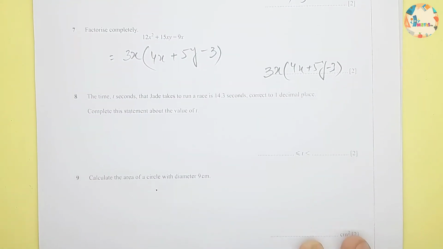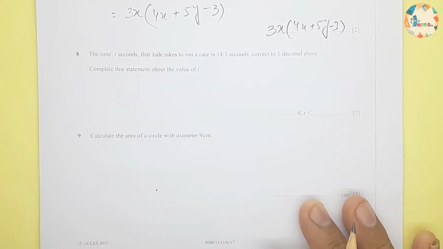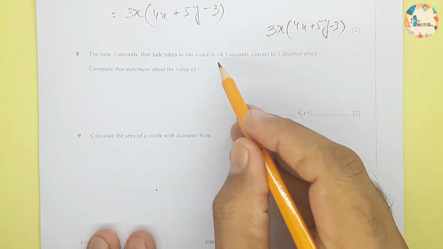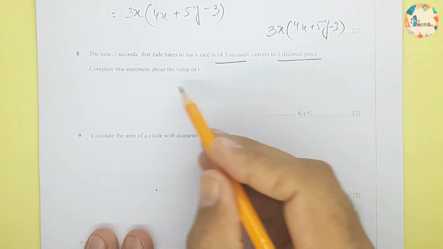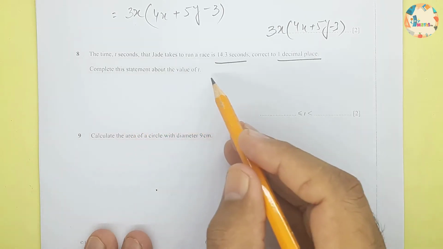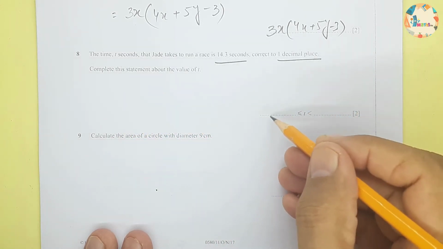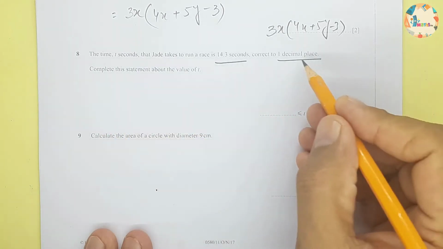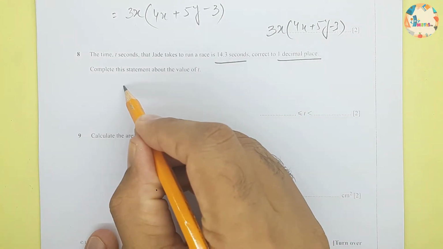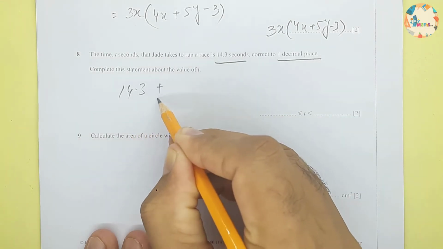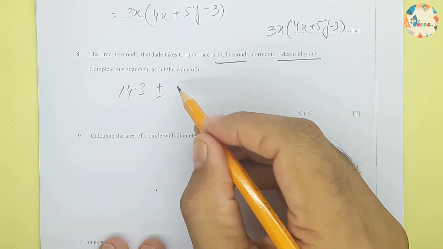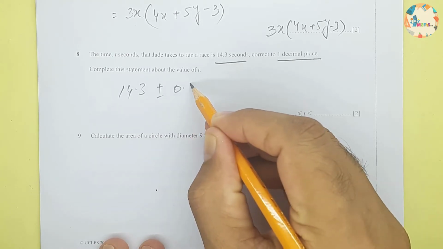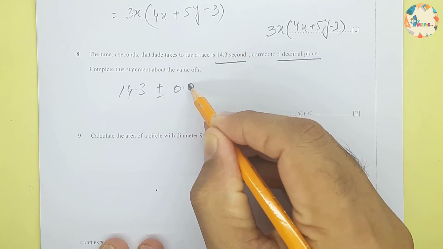Then comes question number 8. The time t seconds that Jade takes to run a race is 14.3 seconds, correct to one decimal place. So complete this statement. Basically they are asking for the lower bound and upper bound. So up to one decimal place it will be 14.3, and plus minus, we will be adding and subtracting 0.05.